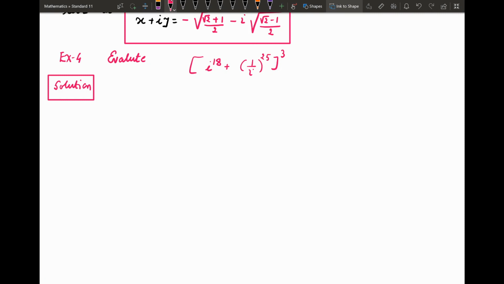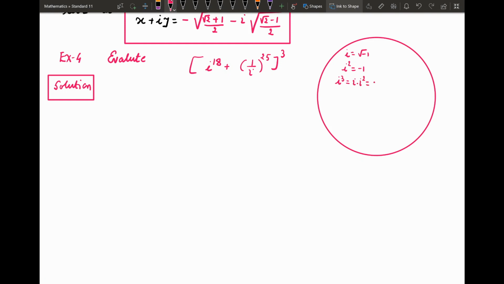To evaluate these problems, we will use this basic result: i equal to square root of minus 1, i square equal to minus 1, i cube equal to i into i square, which is minus i, and i raised to 4 is i square into i square, which is plus 1.